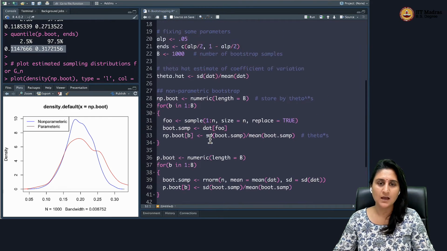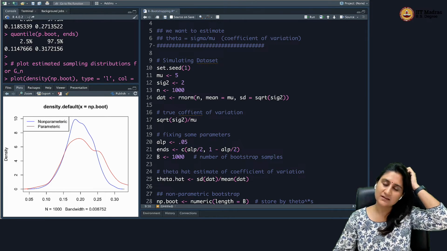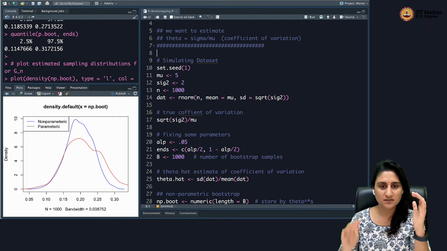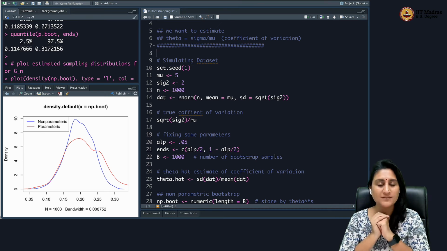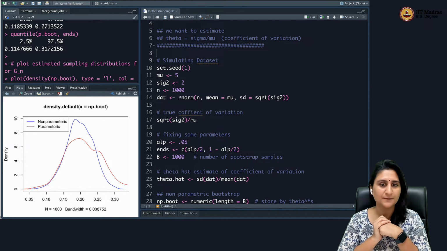I can now go back and change the size of the data set to 1,000. Think about it for a second: once I've changed the size of the original data set to 1,000, what do we expect the density of GN, the density of theta hat, to look like?